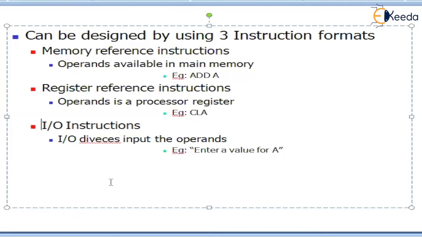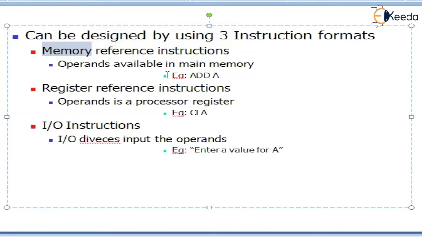There are three locations from where you can fetch the operand. Okay. The first one is memory. If the operands are fetched from the memory for executing an instruction, then those instructions are called memory reference instructions.